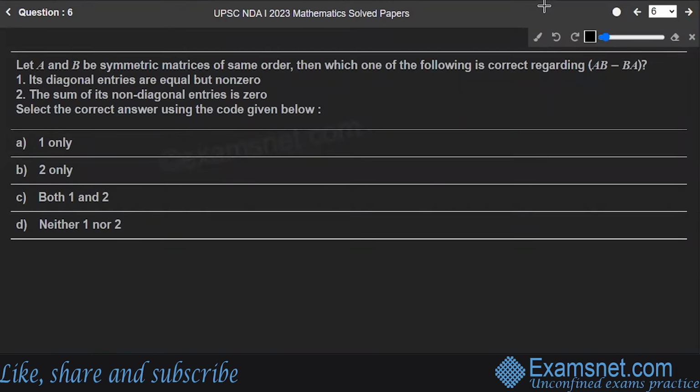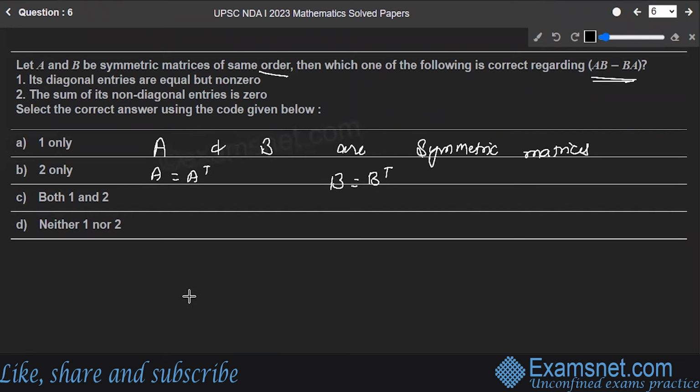Question number 6. Let A and B be symmetric matrices of the same order. Then which of the following is correct regarding AB minus BA? You are given that A and B are symmetric matrices. What do we mean by symmetric matrices? Hope you know. It means that A is equal to A transpose and B is equal to B transpose.